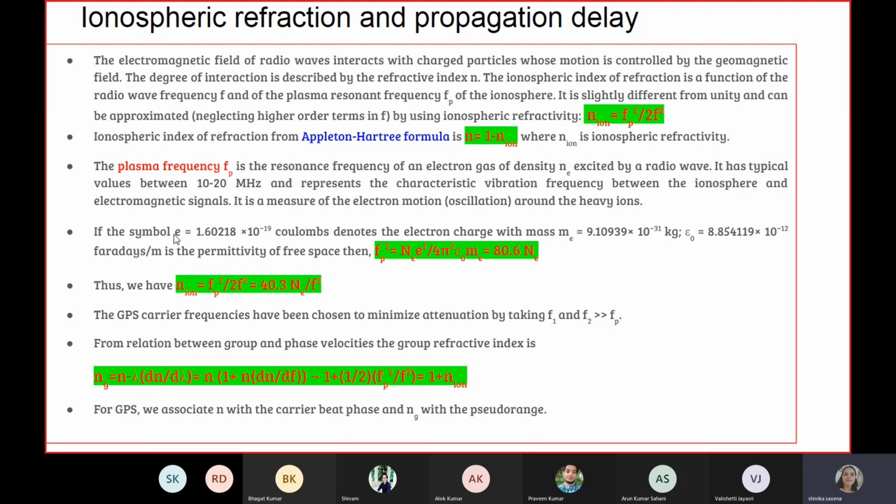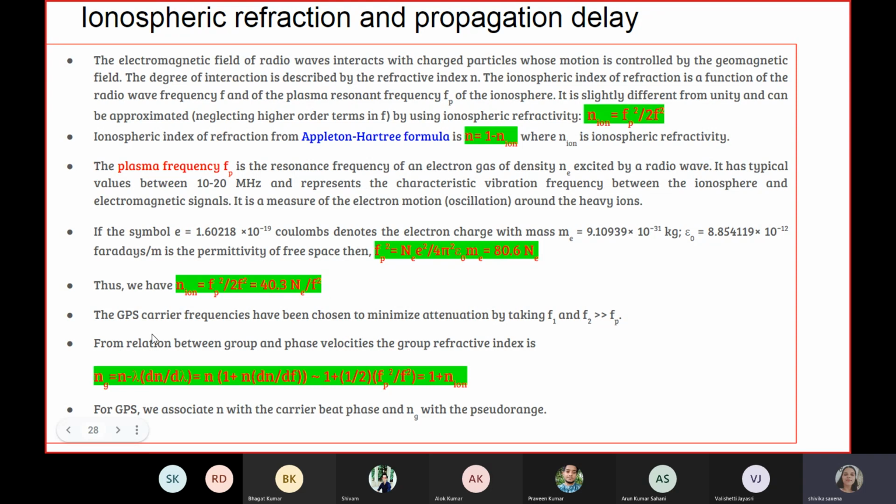When you substitute the values of the electron charge e in coulombs, the mass of the electron and the permittivity of free space, you will arrive at the simplified value of plasma frequency: fp square equals 80.6 Ne. You can use this directly in your ionospheric refractivity equation. So the ionospheric refractivity is given by fp square by 2f square, which gives us 40.3 Ne by f square.